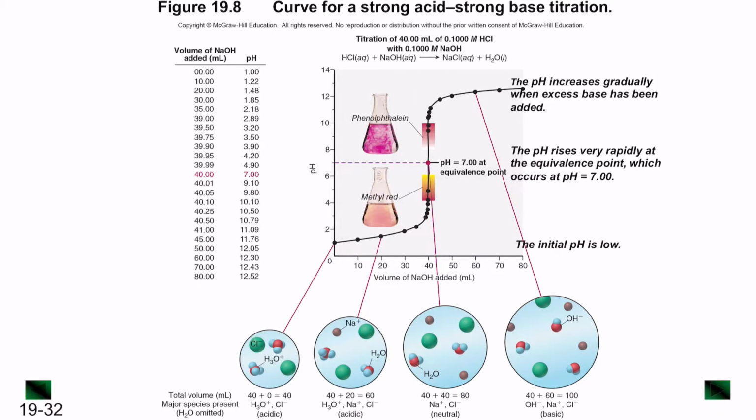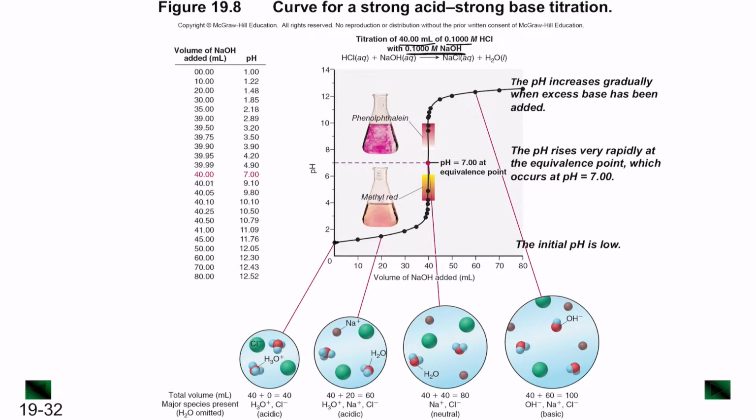So this is a curve that shows the strong acid, strong base titration. Let's say we have the titration of 40 mL of 0.10 M HCl with 0.1000 M NaOH. Initially the pH of HCl is very low, so it starts at a really low value.